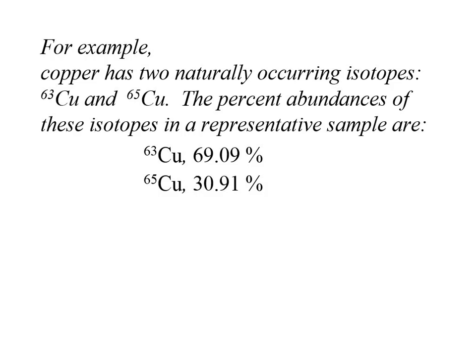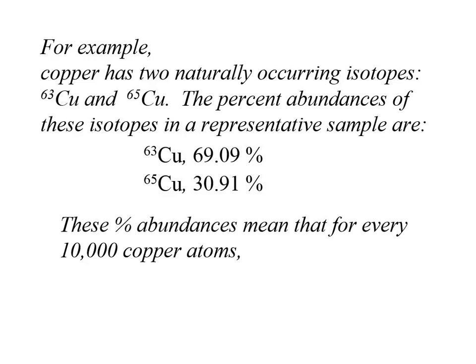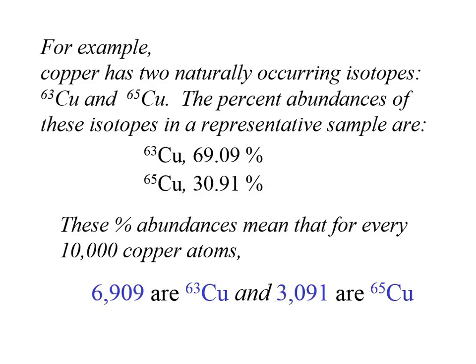The copper 65 is less abundant. It's only 30.91%. So in other words, if we had 10,000 copper atoms, you can move the decimal place over a couple of places, and that means that 6,909 of them would be copper 63, and 3,091 of them would be copper 65. So that's kind of what that means.